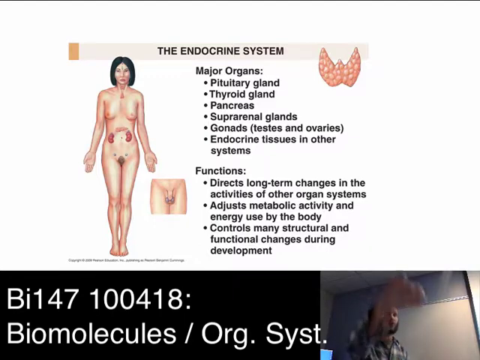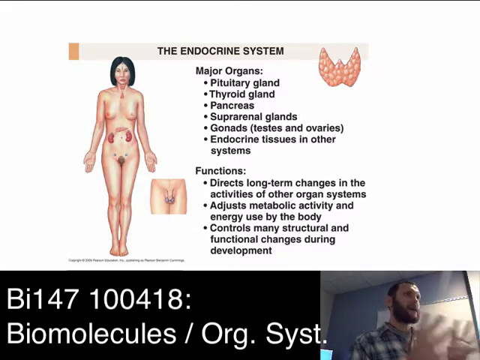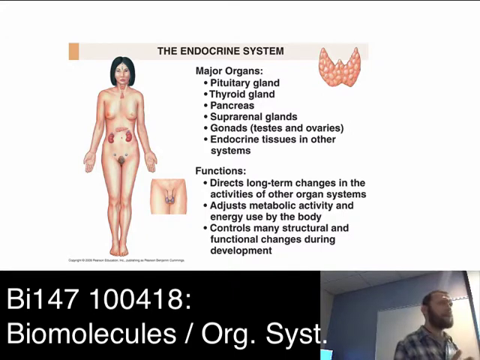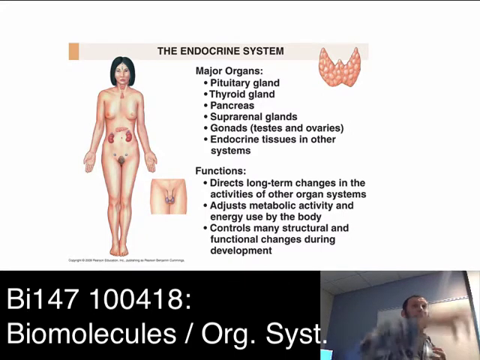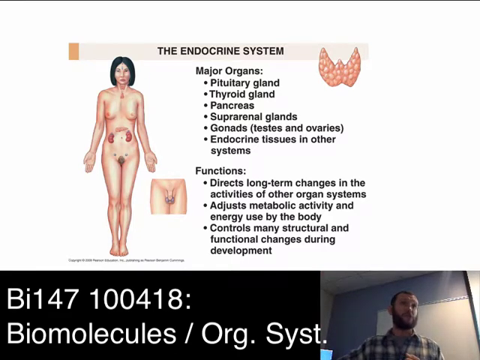This is the chemical communication system. All of these organs are going to make some kind of chemical factor, some sort of hormone or protein or cytokine, whatever the word you're using in that context, some kind of chemical that is going to go into the bloodstream and cause a change in some other tissue.